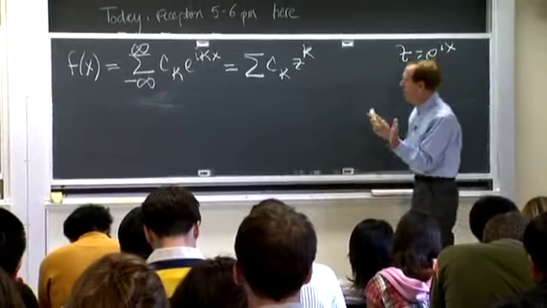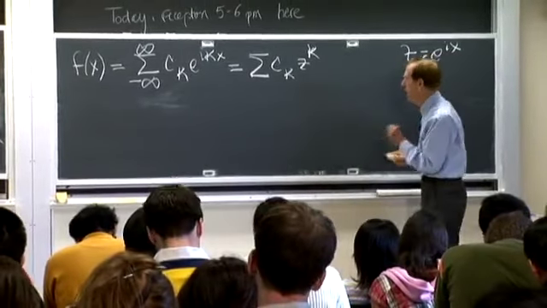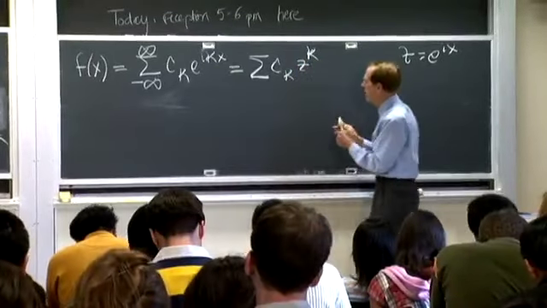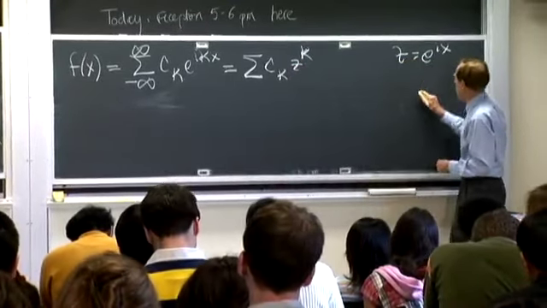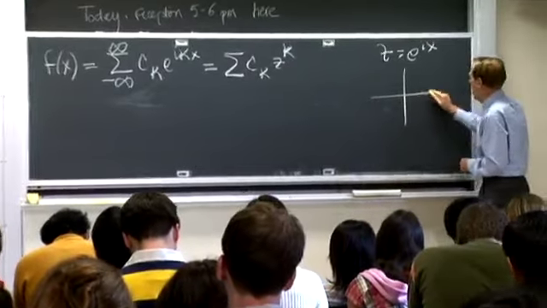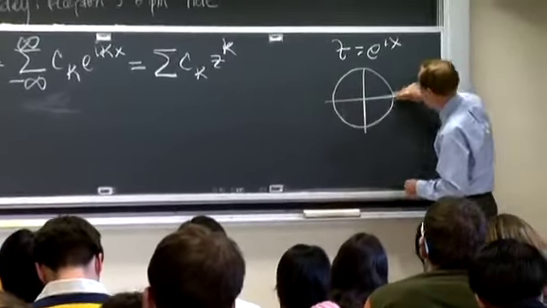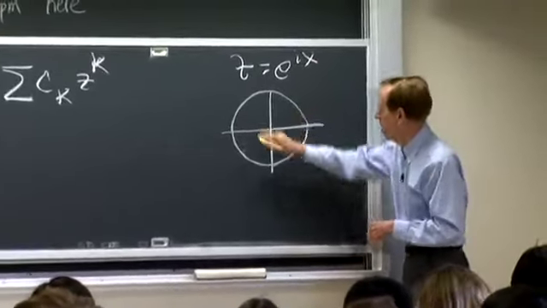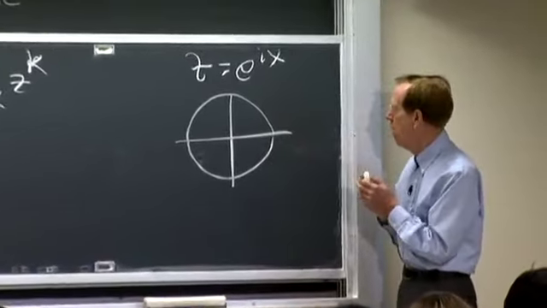This is a good point to make anyway. When we have this e^{ikx}, it's natural to think of that as a complex number on the unit circle. That's always the message. e to the i times real is on the unit circle, absolute value 1.